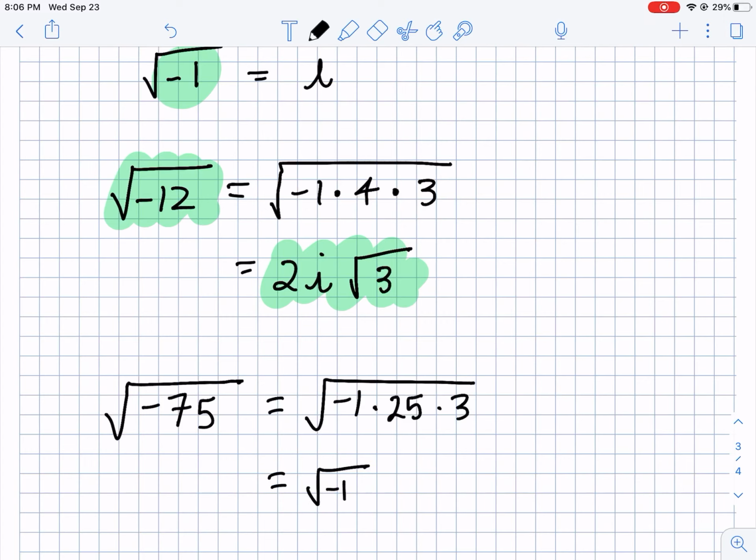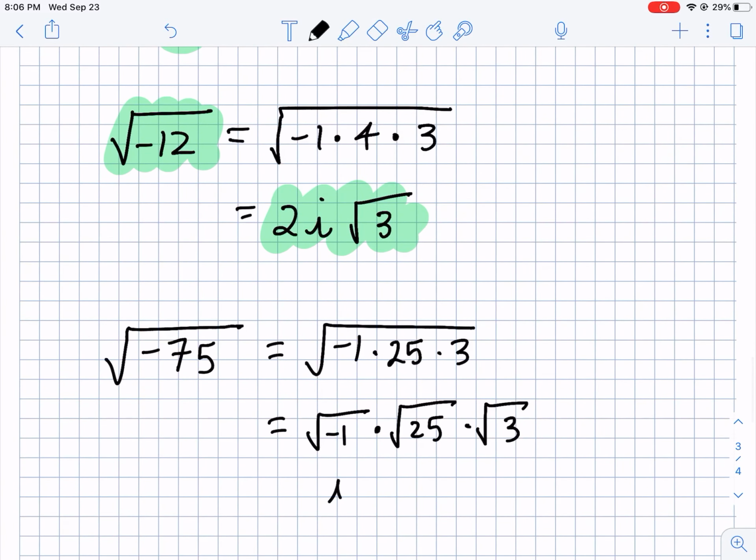So I'd have the square root of negative 1 times the square root of 25 times the square root of 3. The square root of negative 1 is i. The square root of 25 is 5. Oh, root 3. There we go. Aren't imaginary numbers fun?